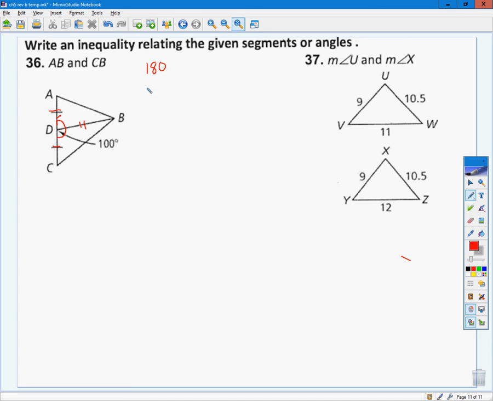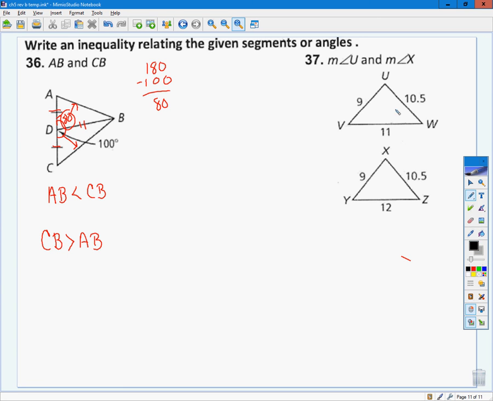A linear pair adds up to 180. 100 of it is on one side. That means 80 of it is on the other. Whatever is across from the 100 degrees must be larger than what is across from the 80. So therefore, AB is smaller than CB. AB is less than CB. You could also write it this way: CB must be greater than AB.